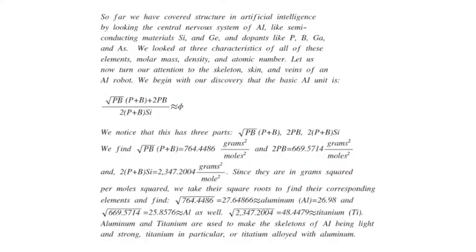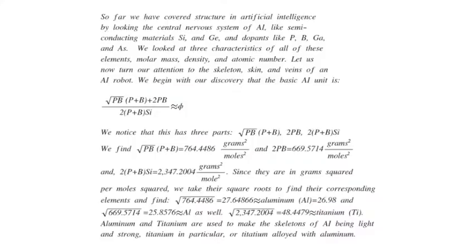We begin with our discovery that the basic AI unit is the square root of PB times (P plus B) plus 2PB over 2 times (P plus B) times Si, which approximately equals phi, the golden ratio conjugate. We notice that this has three parts: the square root of PB times (P plus B), 2PB, and 2 times (P plus B) times Si.